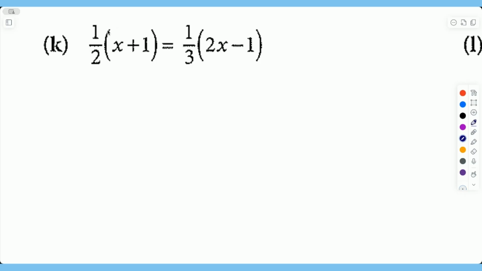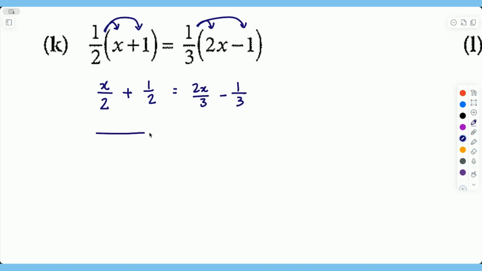The first step here is to do expansion for both sides. Half times x is x over 2. X is the numerator, plus half times 1 is half. On the right side, we have 2x over 3 minus 1 over 3.